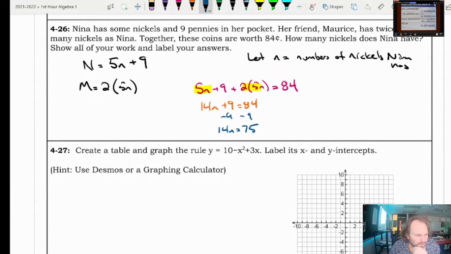Let's see, 4.1.2. No, my equation is 100% correct, but why am I not getting that answer? 5N plus 5 times 2N. Is this a typo in the book? I think this might be a typo.